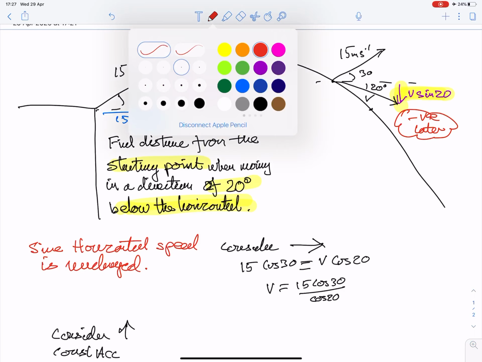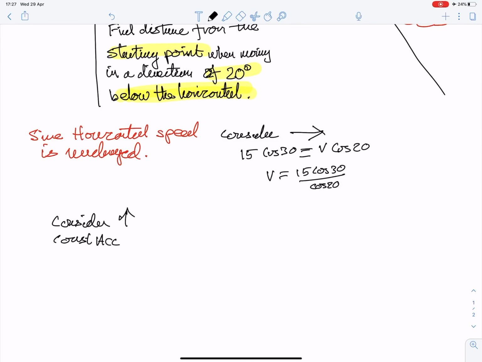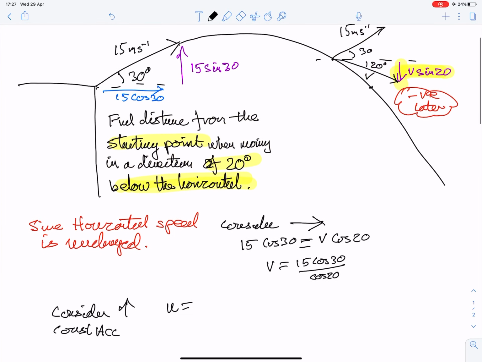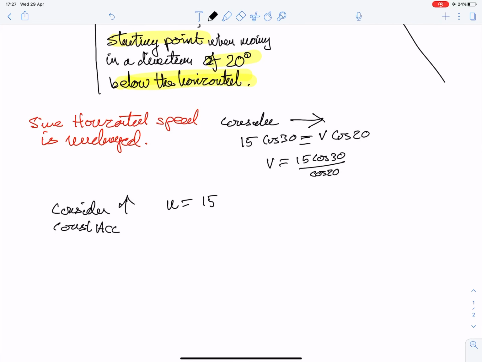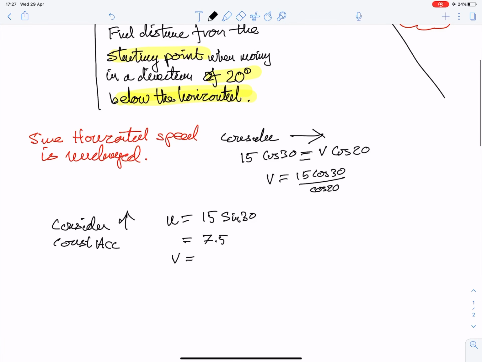Okay, so that's the key piece of information in the question, isn't it? So u was equal to 15 sine of 30. Sine of 30 we know is a half, so that's 7.5. V, the final speed, is minus 15 cos of 30 over cos of 20 times sine of 20.